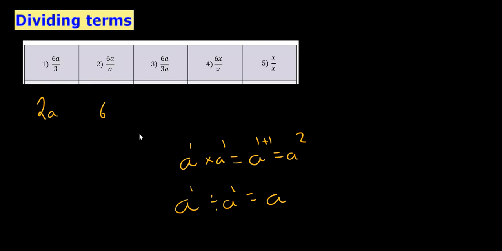We subtract the powers, so we get 1 minus 1, a to the 0, which is 1. So now we do 6 divided by 3 is 3, and we've got a to the 0, and that's just 3. Same thing for 4, which is just 6, and the same thing for 5.